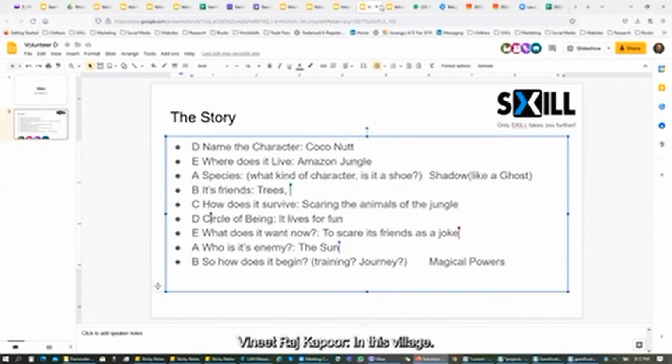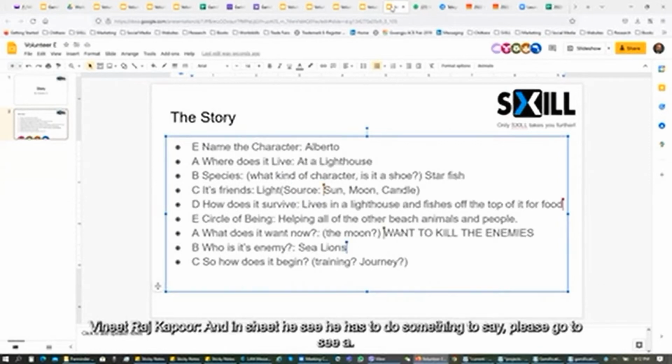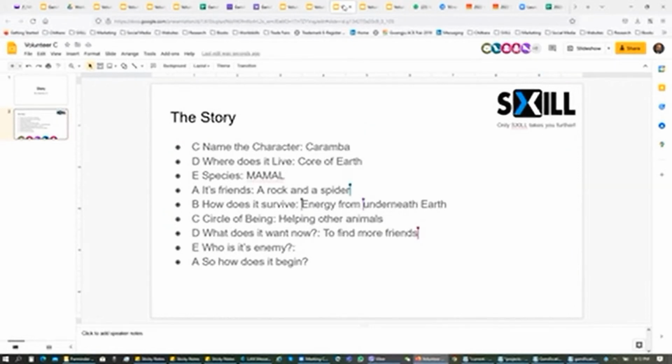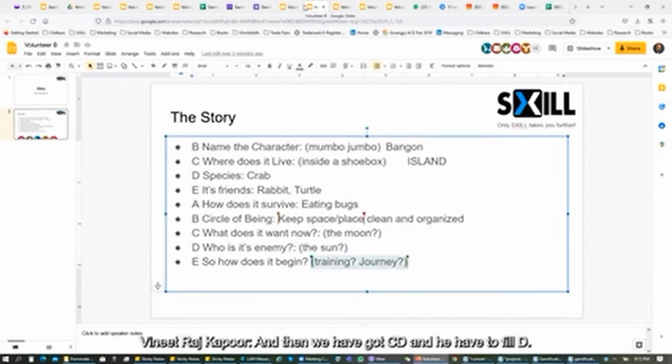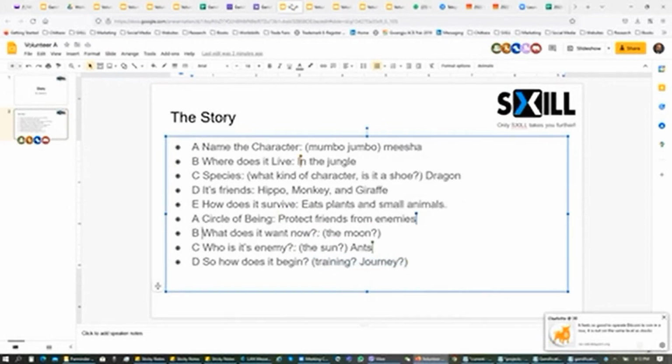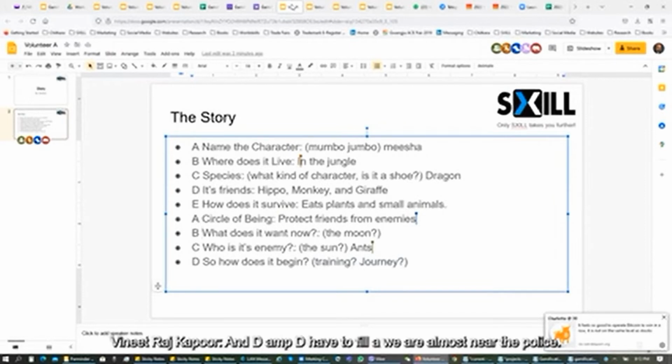Sheet D is finished. And in sheet E, C has to do something. So C, please go to sheet E. E and A, please go to C. And then C, D, and E have to fill B. And B and D have to fill A.